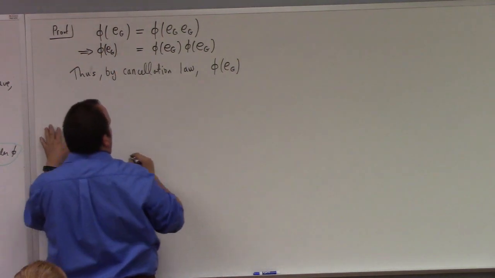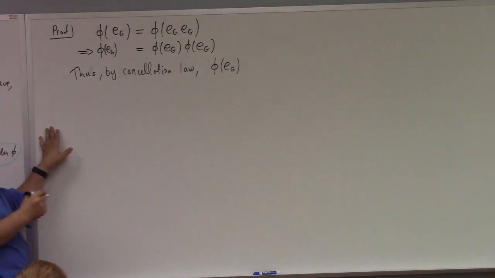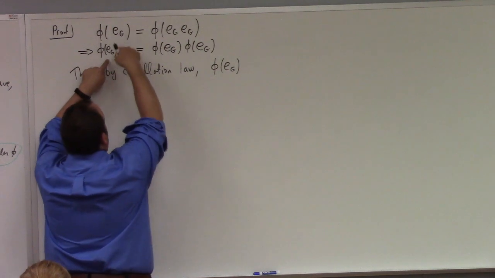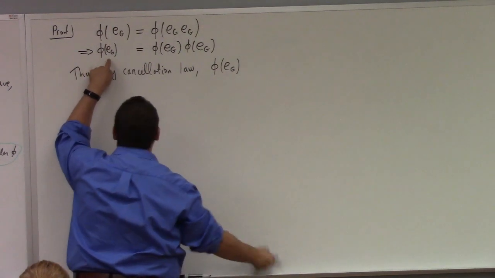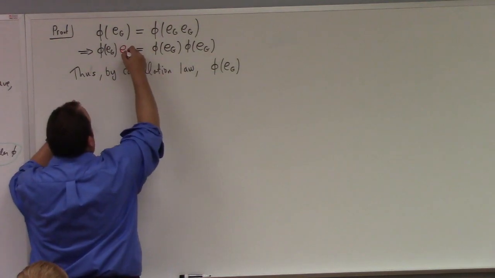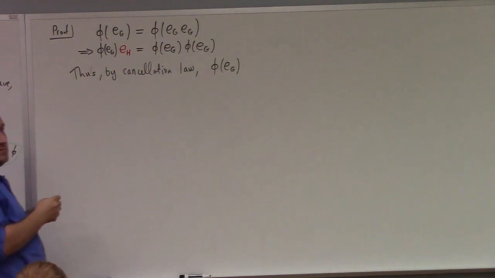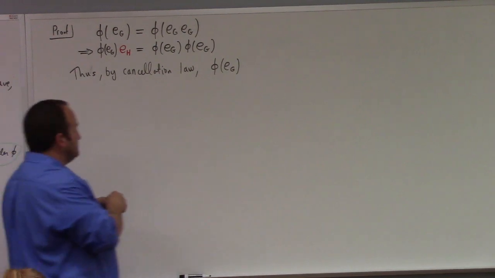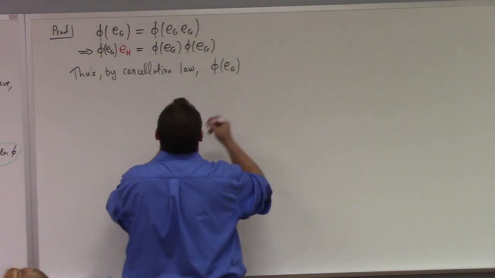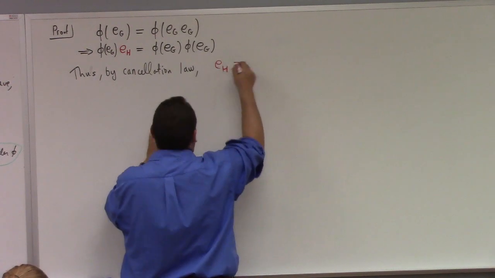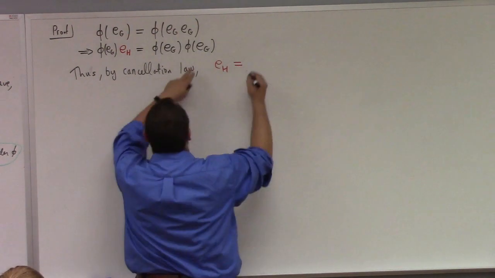If I'm going to say cancellation law, I got to have something to cancel, right? What am I going to cancel? I'm going to cancel this and this. What do I write here to maintain equality? e_H. Very good. And that's okay because e_H times anything in H is just that anything again, right? It's the identity in H. So by cancellation law, phi of e_G, well, just to make it more clear, e_H equals phi of e_G.